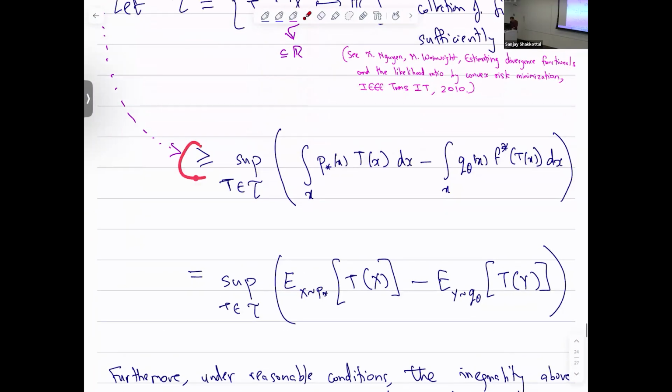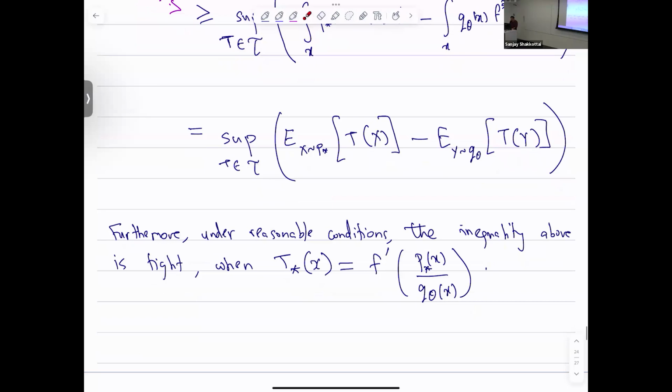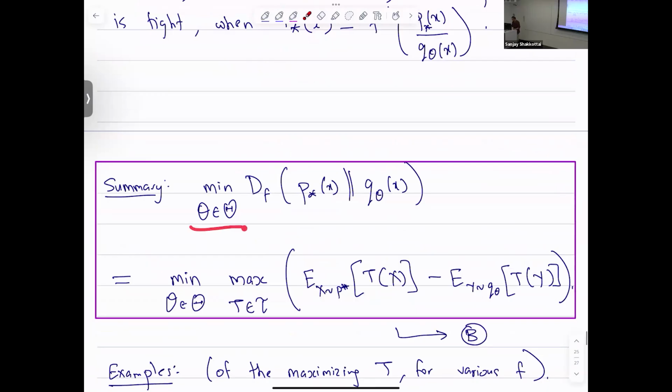We just showed greater than or equal to, but this is tight, and it's tight with this T star. Which means we can write this minimum over theta as the minimum over theta, maximum over all functions in that class T, whatever function class we were using, of the expected value of T under P star minus the expected value of T under Q theta. We can write it as this difference.